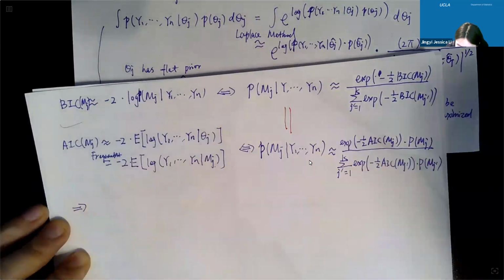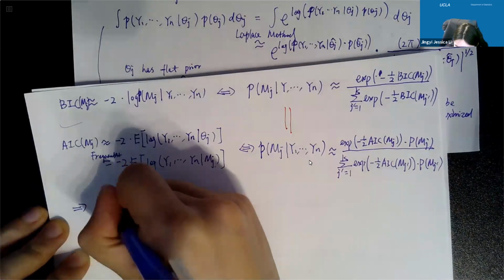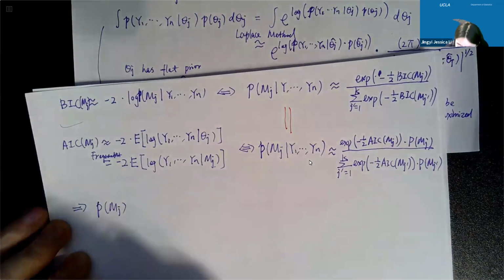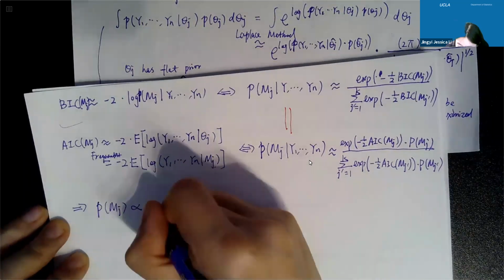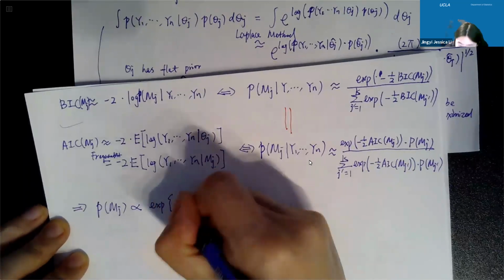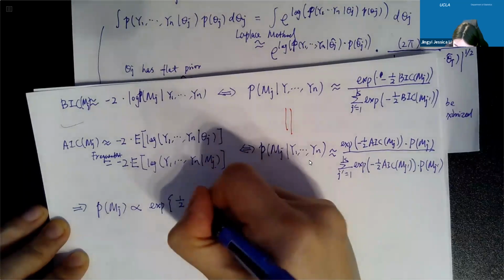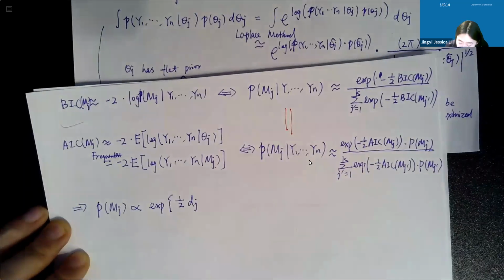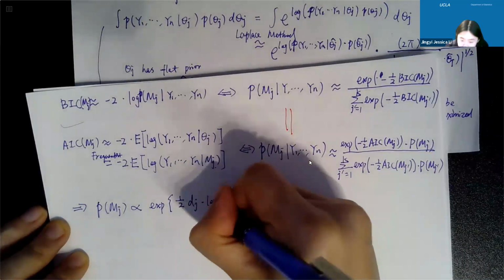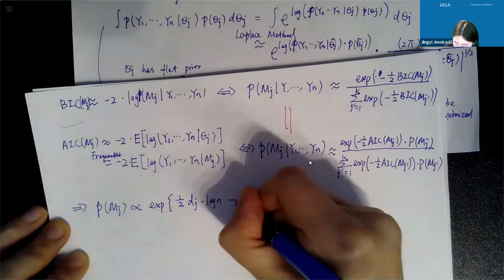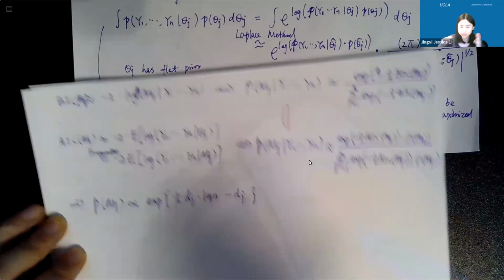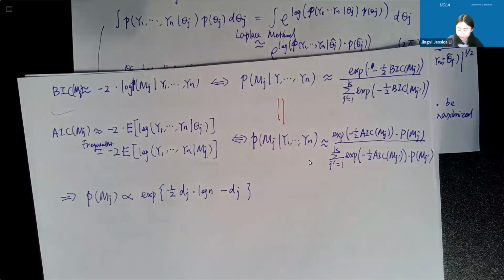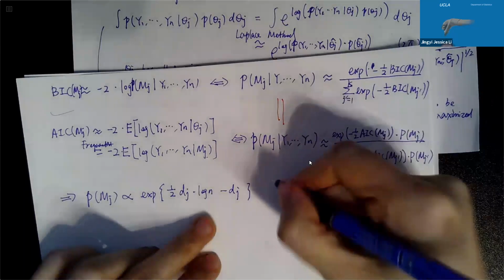That will give me that the prior of model M_j will be proportional to exponential of 1/2 times d_j, the model parameter number, times (log n minus 2)... d_j. So essentially, if we put AIC under the Bayesian framework, we see that AIC does not assume a flat prior on models.